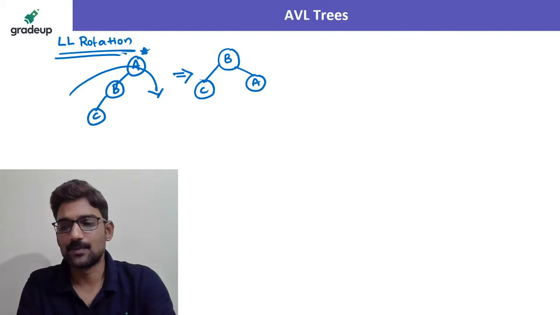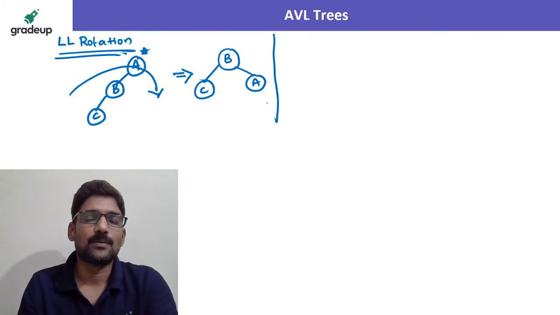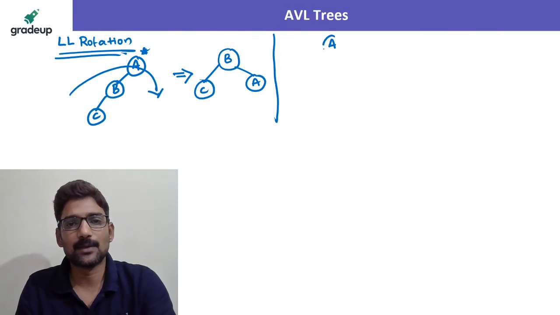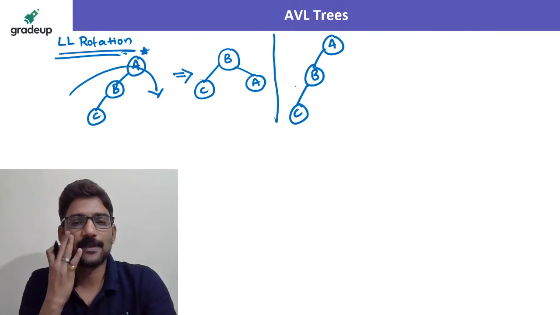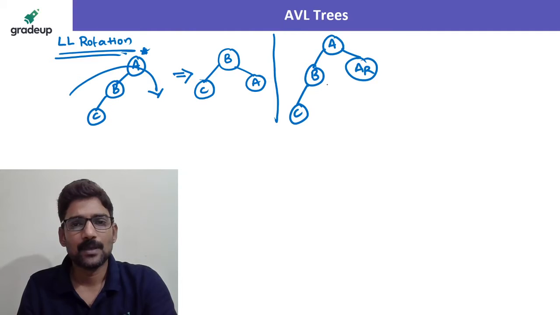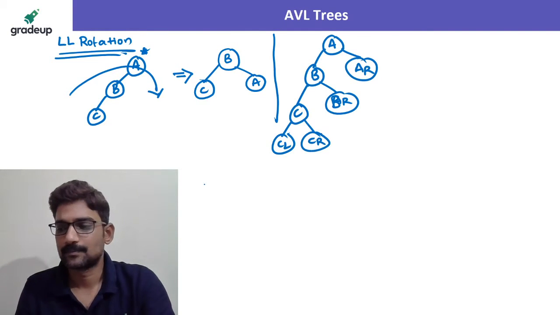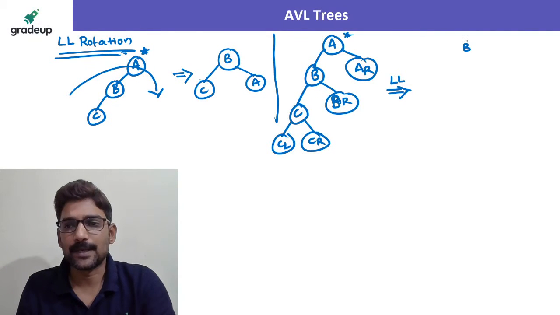In simple terms, this is what LL is. Now, let me give you the general formula for how LL rotation is performed. Suppose B is the left child for A, C is the left child for B, A has its right subtree, B has its right subtree, C has its left subtree and right subtree. Whenever we perform LL rotation, what happens? B becomes parent, A becomes its right child.